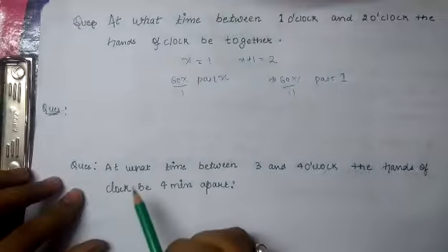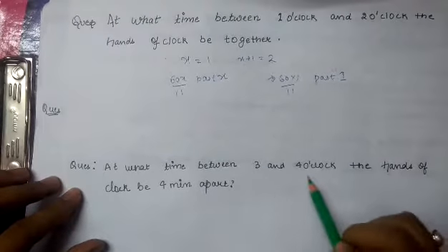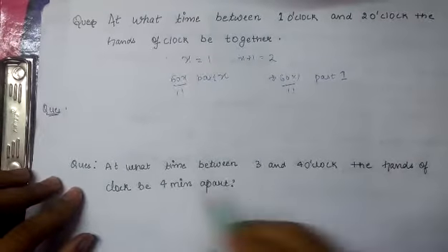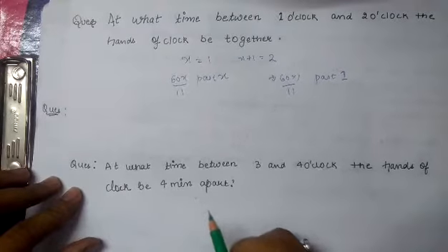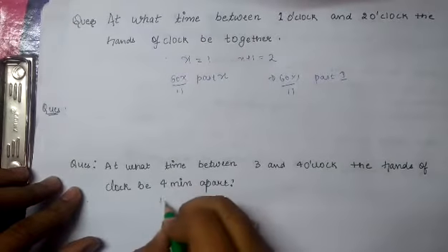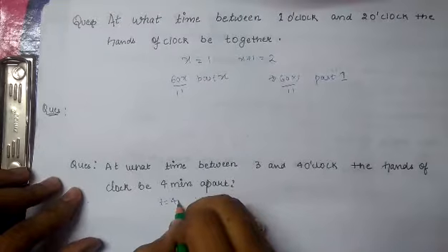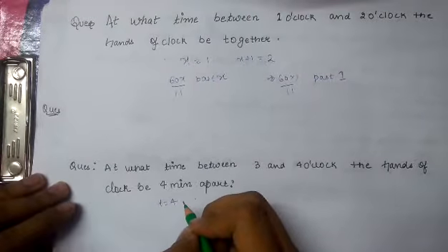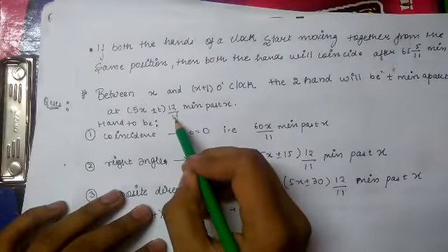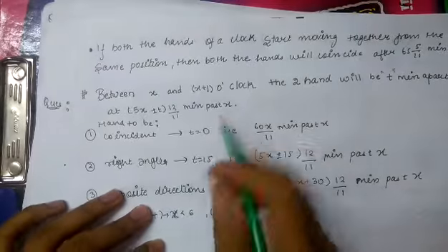The next question is: at what time between 3 and 4 o'clock will the hands of the clock be 4 minutes apart? As you can see, in this question the value of t is given as 4. So we will use the basic formula, that is (5x plus or minus t) times 12 by 11 minutes past x, for both plus and minus values.